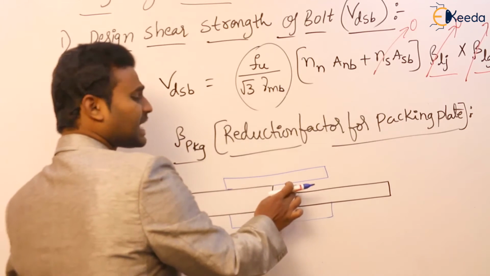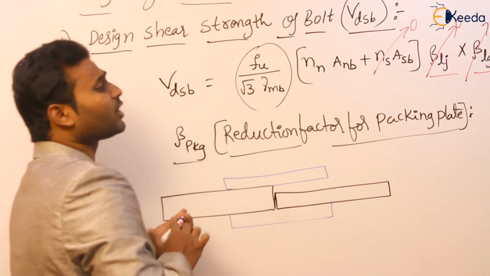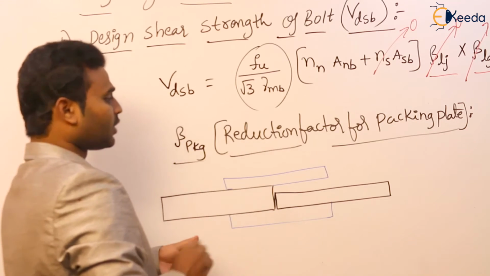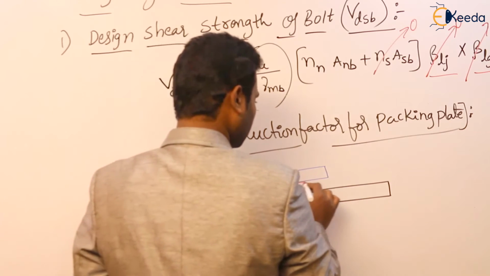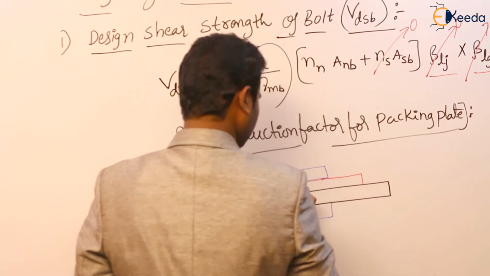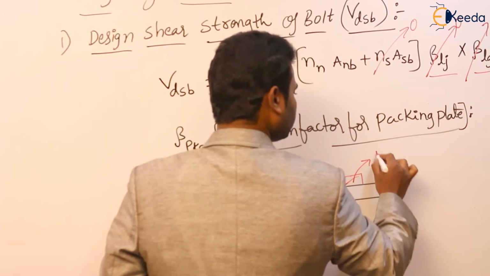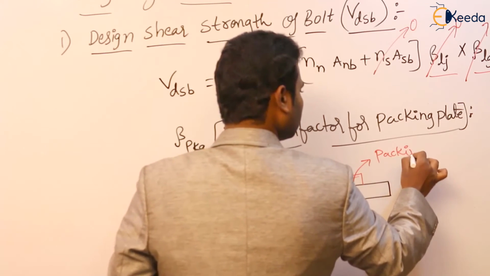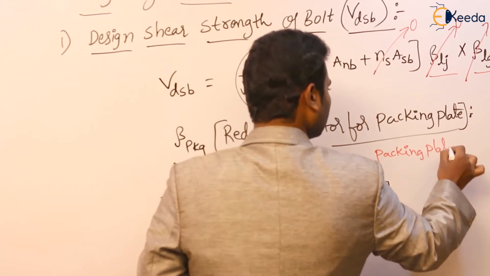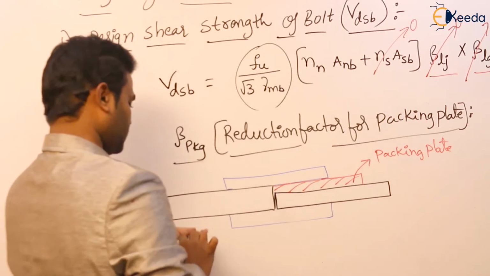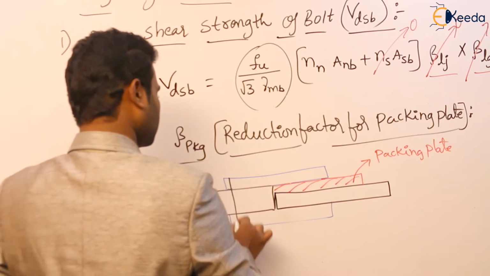Now there exists a gap here. To fill this gap, we are going to use a packing plate. So this is the packing plate, and this is how the connection is established.